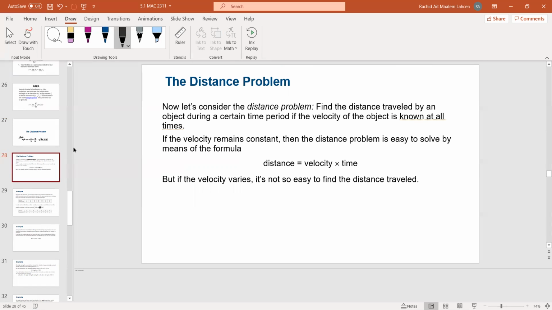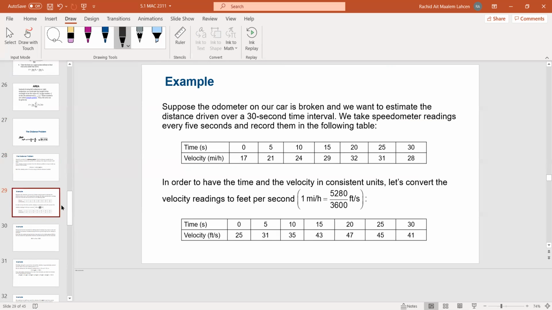So the distance is the velocity times time, right? But if the velocity varies, it's not easy to find the distance traveled. Remember, calculus deals with curves that are changing, where the rates are changing. So that's where the challenge is. Let's look at this example.